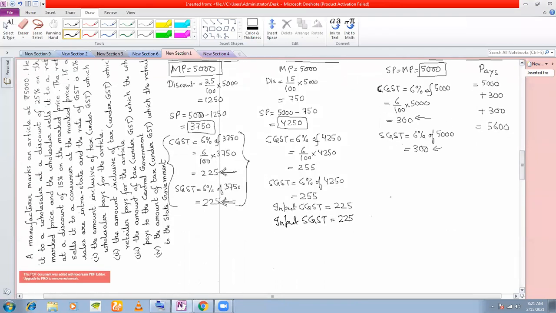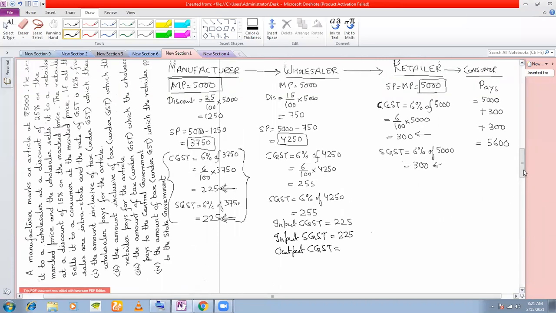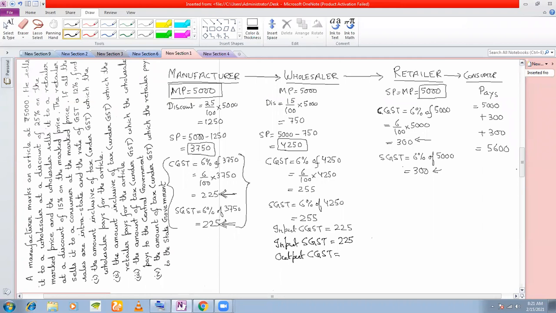Okay, next, output CGST. Now, as I told you, the output GST is the GST that is obtained when someone is selling to someone. So the wholesaler is selling it to the retailer, right? So the retailer is paying him certain taxes.